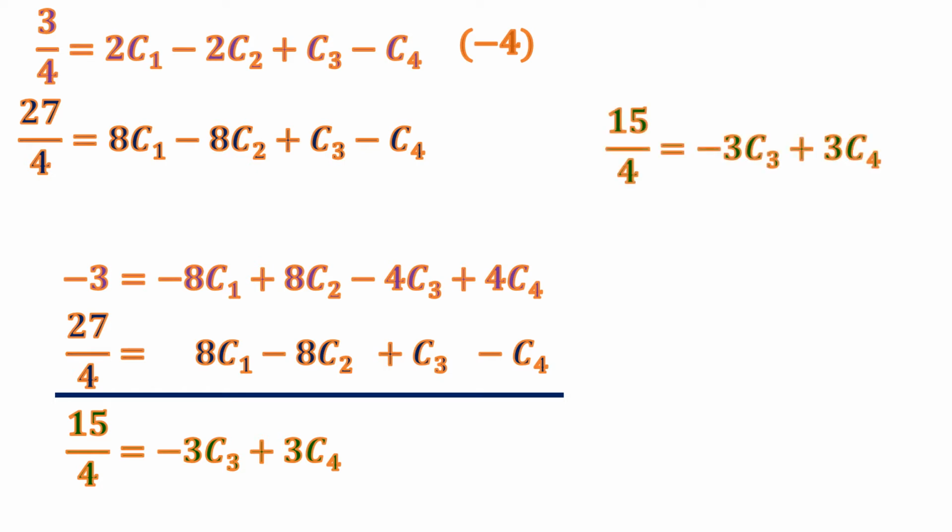And so let's reduce. This can be divided by -3. So 15/4 becomes -5/4. And the -3c3 becomes c3, and +3c4 becomes -c4 because we divide all by -3.